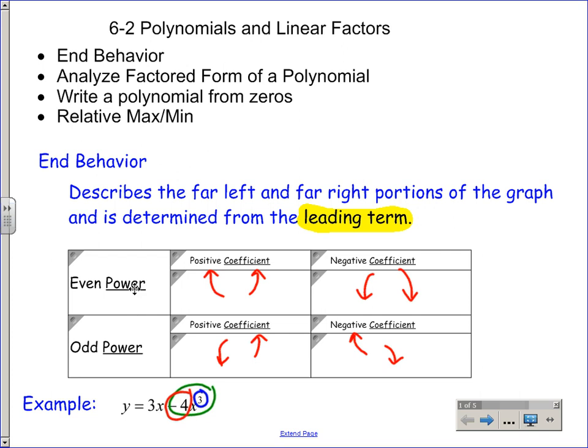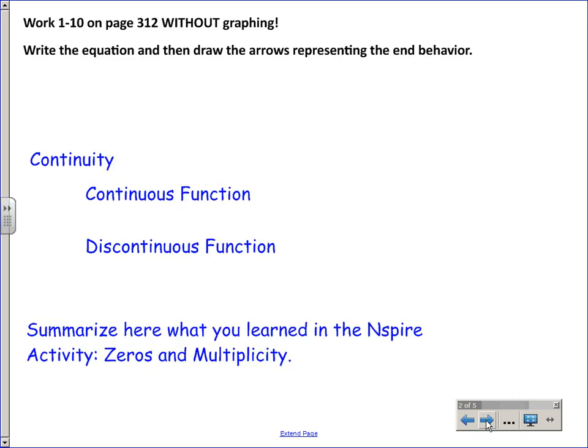So this one has an odd power, or an odd degree, and it has a negative coefficient. So that means that the far right of your graph will go down, and it will look up to the left and down to the right. And you can type that into your calculator to see what that looks like and verify that it does go up on the left and down on the right. So that's about end behavior.